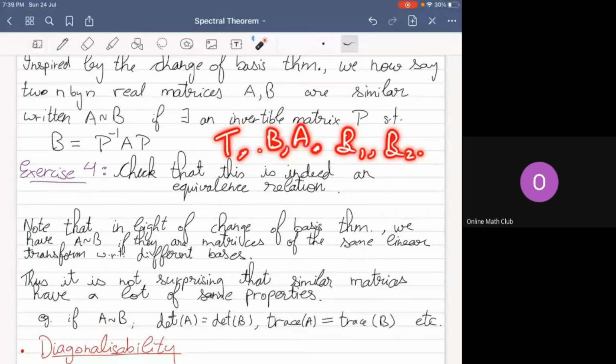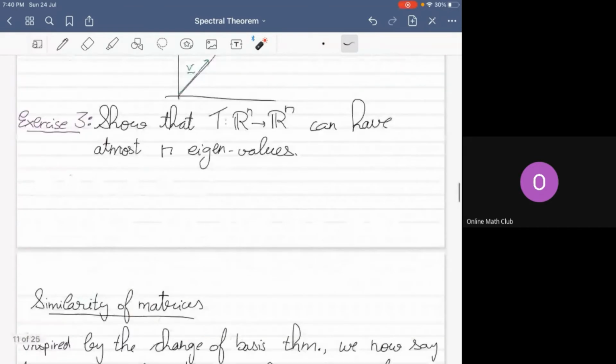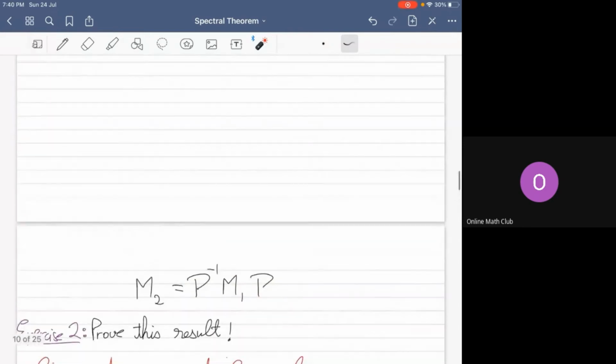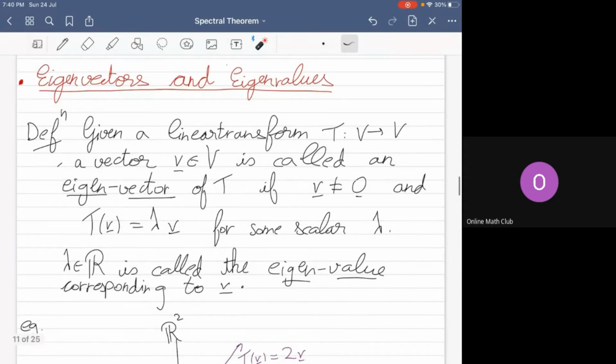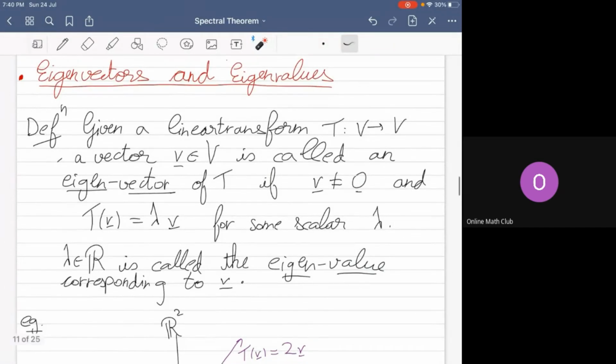So they are similar because they correspond to the same linear transform with respect to some weird bases. We don't care about bases. Okay, so let's move on to eigenvectors and eigenvalues, and if there is any question in change of basis which we would need, then I would recover that. So is that fine?